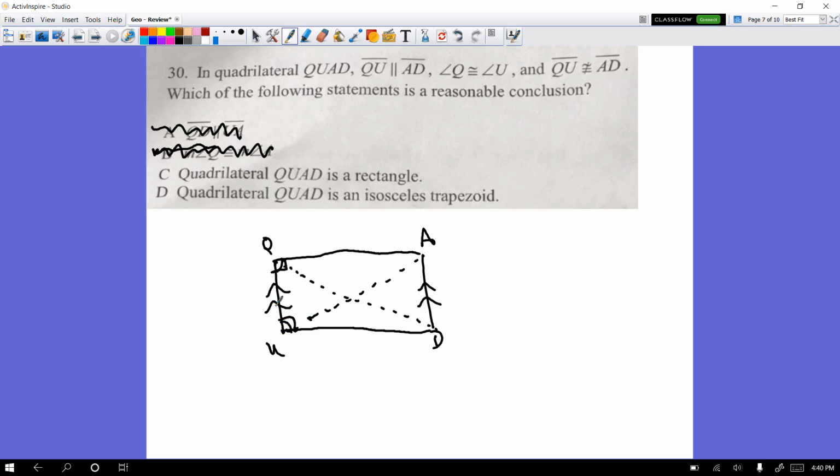QU is not congruent to AD. So we have, they're parallel, but they're not congruent. So rectangles are parallel and congruent. Parallel and congruent. So it's not a rectangle. This is going to leave you with an isosceles trapezoid. So we're finding out what it isn't to find out what it is.